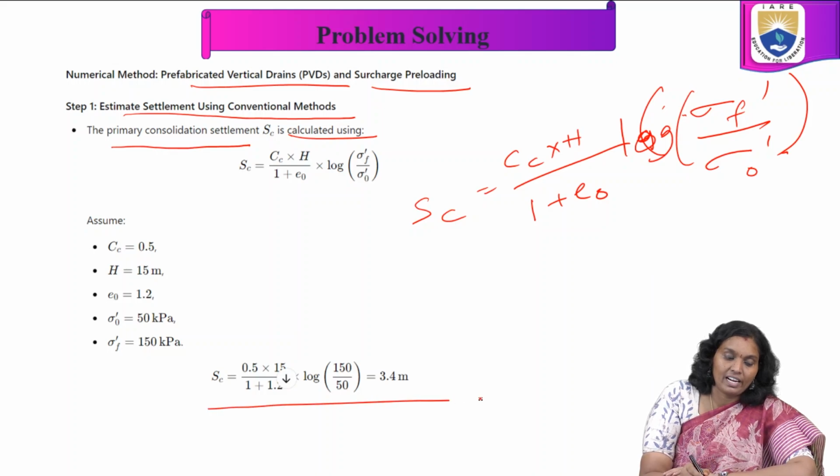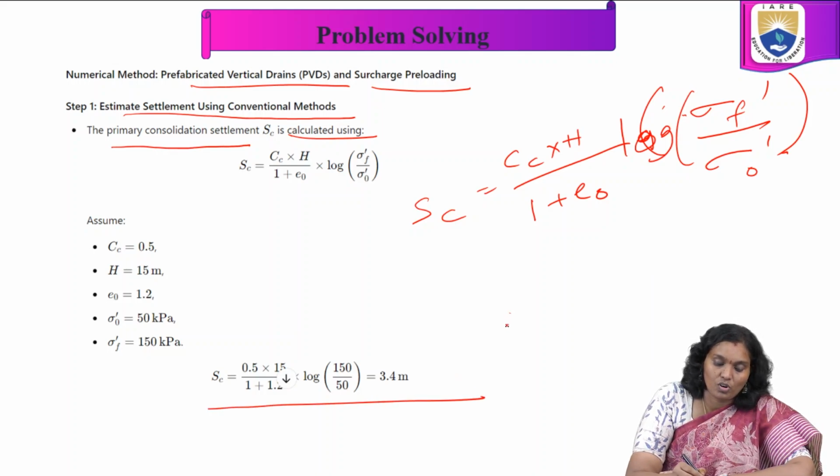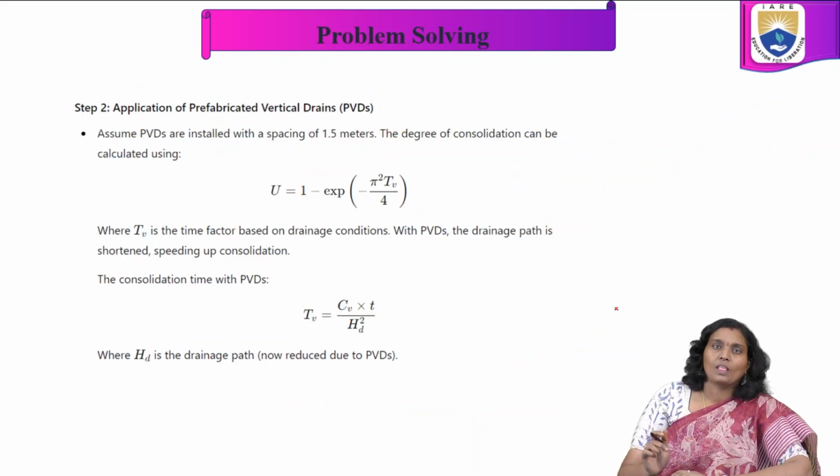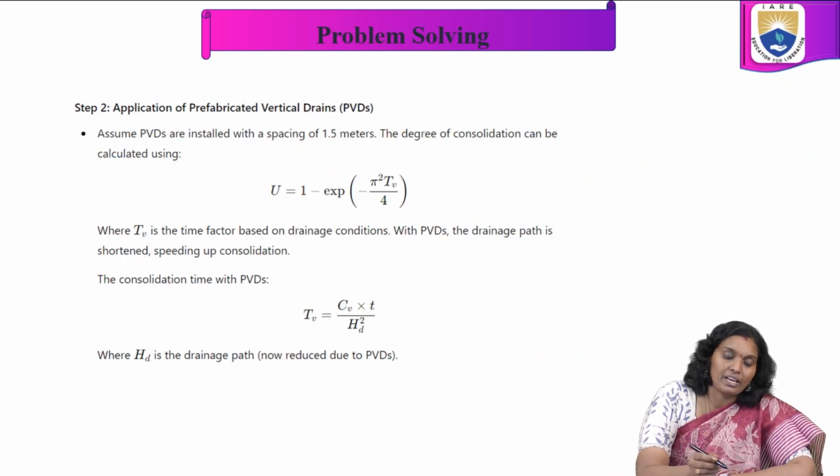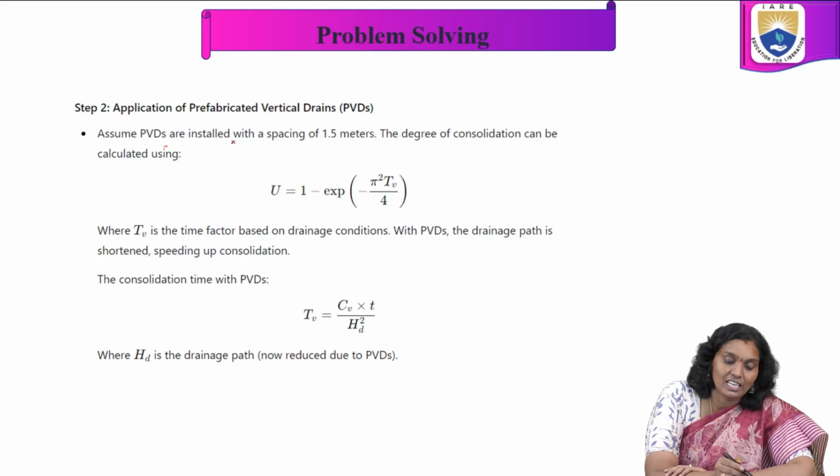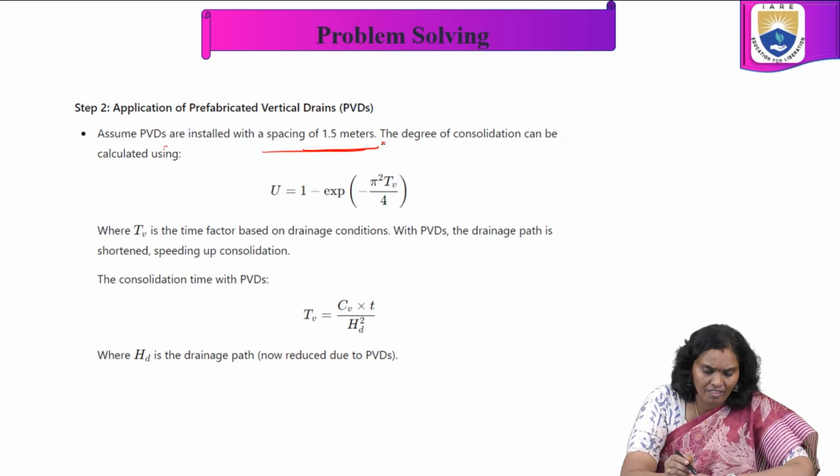Finally, after calculation, the primary settlement is equal to 3.4 meters. In the application of prefabricated drains, assume PVDs are installed with a spacing of 1.5 meters.